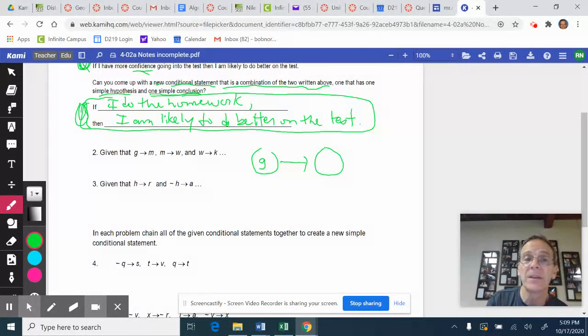G. If G, then ultimately what? Now I don't want to write M because I already have a sentence that says G implies M. That wouldn't be new. I want a new statement. Right? But G guarantees M, and then M guarantees W. You see, this is sort of like dominoes falling. You're familiar with the idea of tipping one domino, which causes a second one to fall, which causes a third one to fall, and so on and so on.